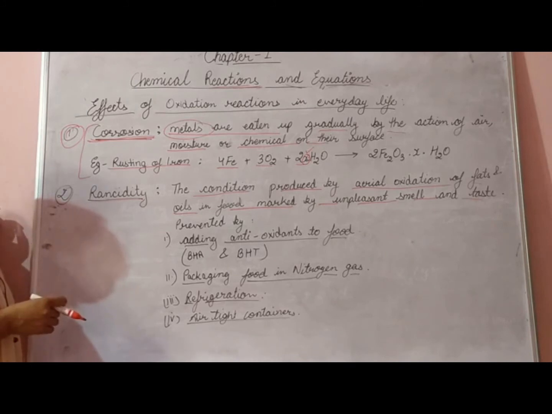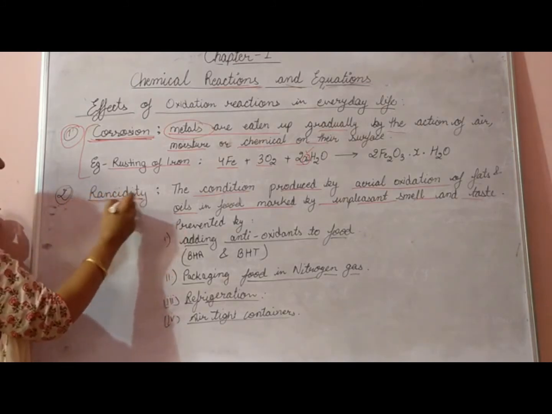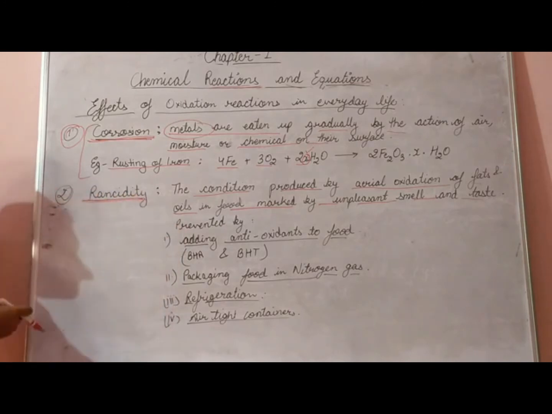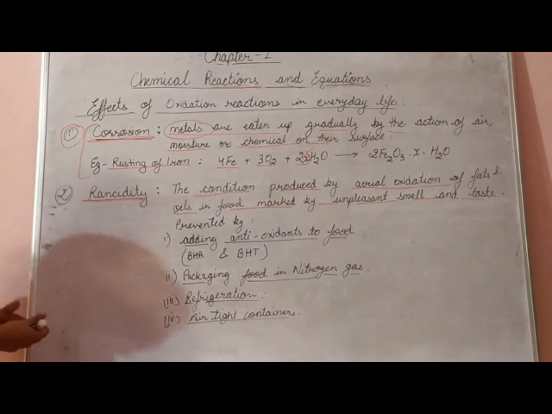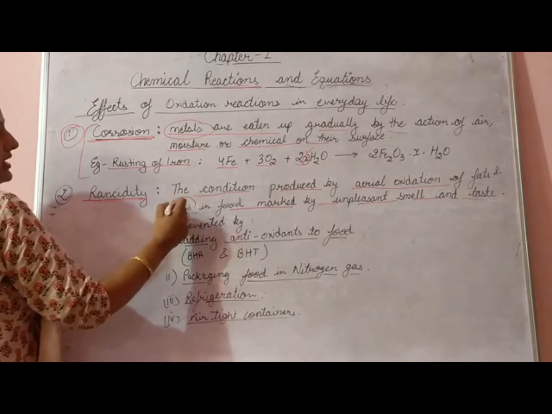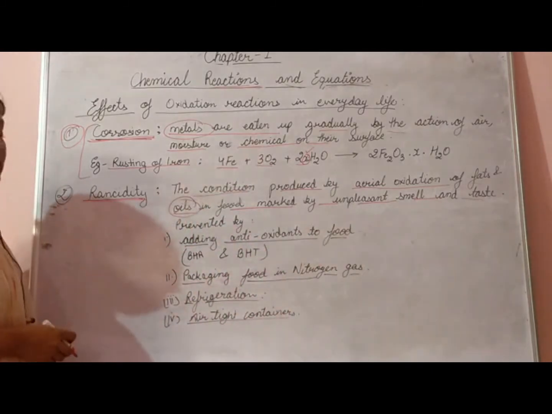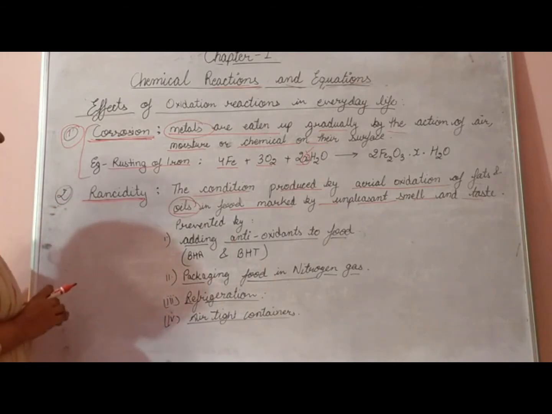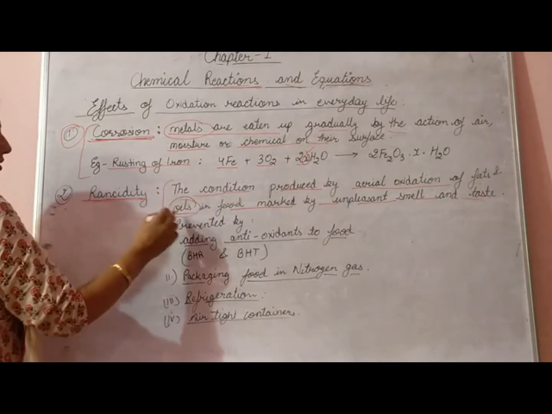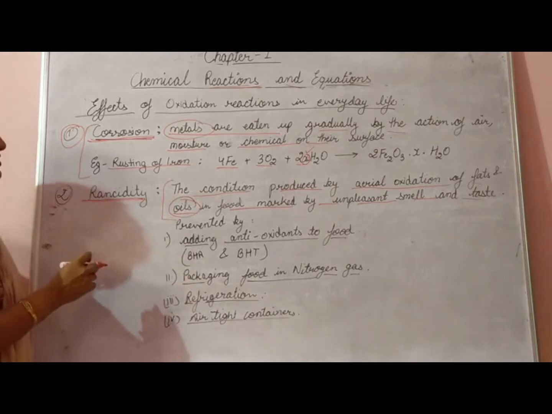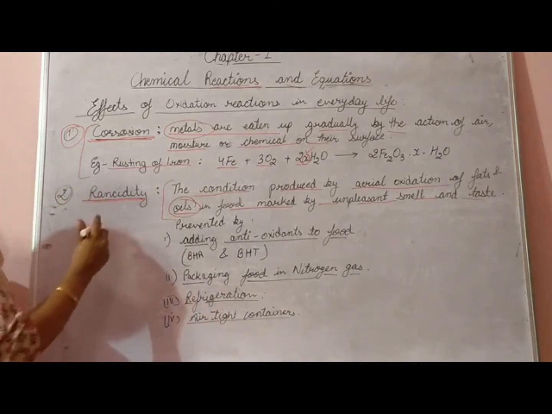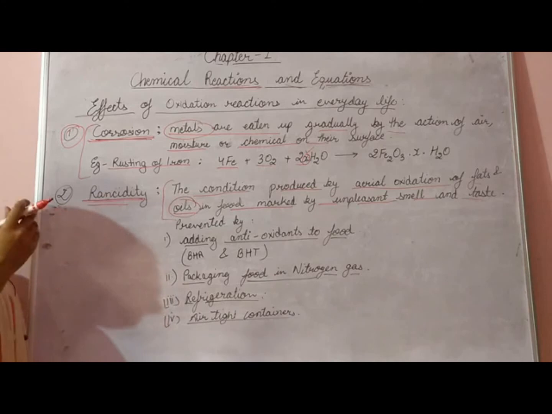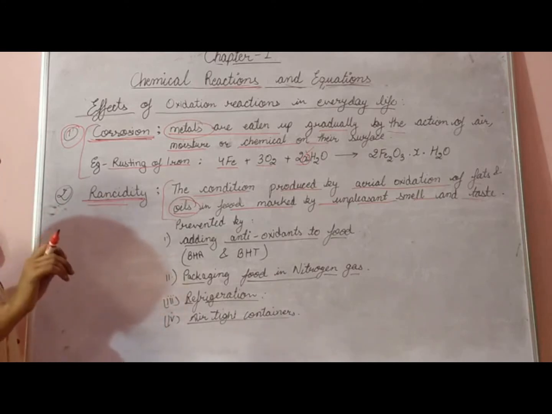This is because of the process of rancidity. In rancidity, the oxygen from the air gets combined with the oil and fat in your food, resulting in products which have unpleasant smell and taste. Because of this, the food becomes rancid. Rancid means having some unpleasant smell or taste.